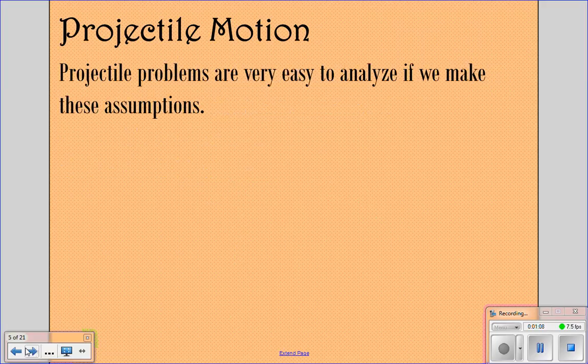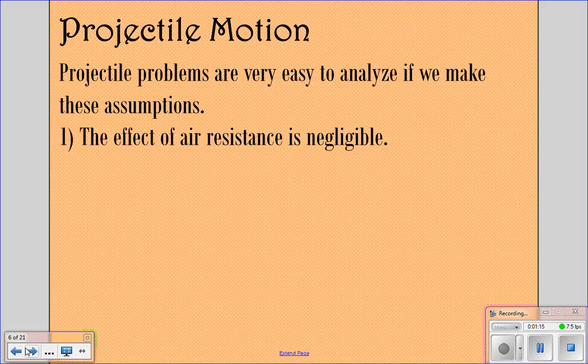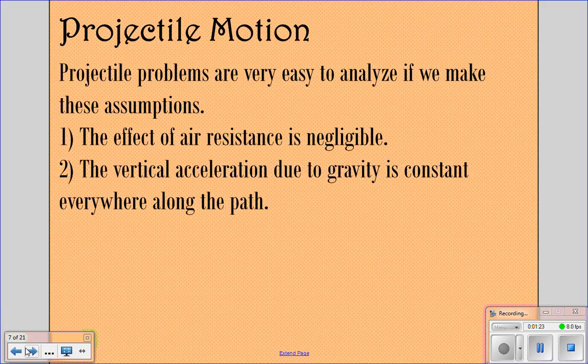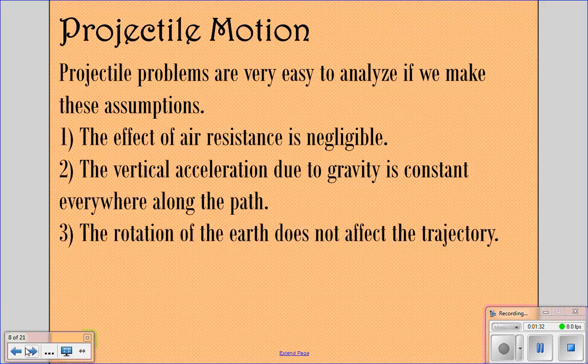So projectile problems are very easy to analyze if we make these three assumptions. The effective air resistance is negligible. Just like on everything, we are basically neglecting all air resistance. The vertical acceleration due to gravity is constant everywhere along the path, so your acceleration due to gravity is the same the whole time. The rotation of the Earth does not affect the trajectory.